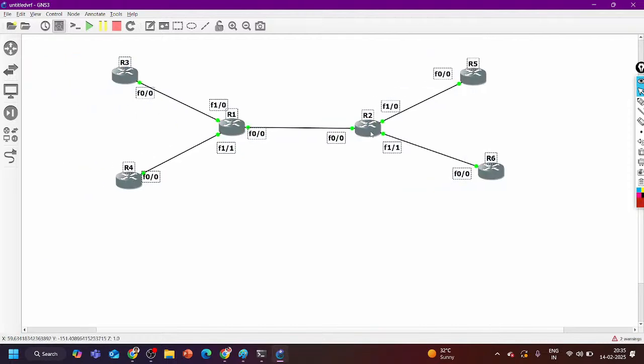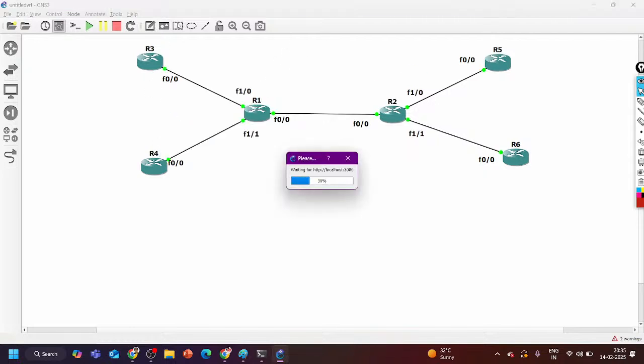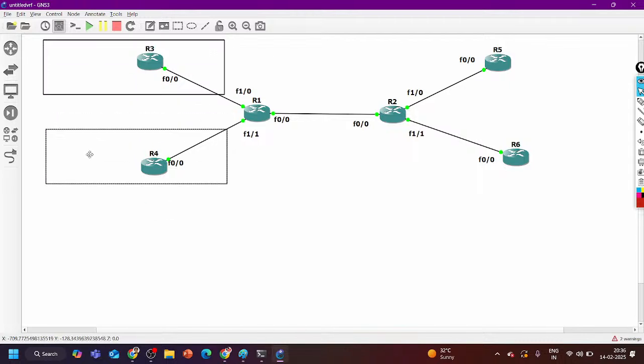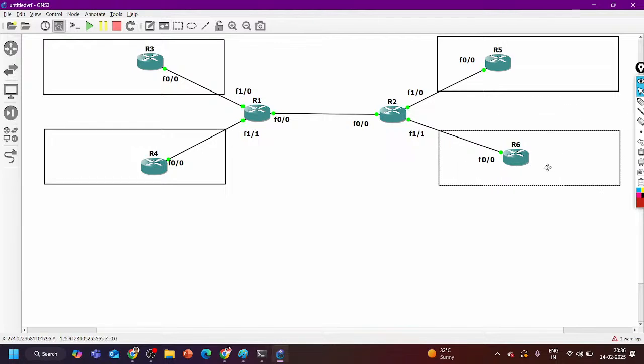Customer site 1, or you can say the network of a large enterprise company.